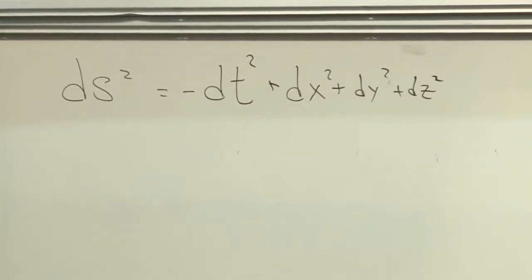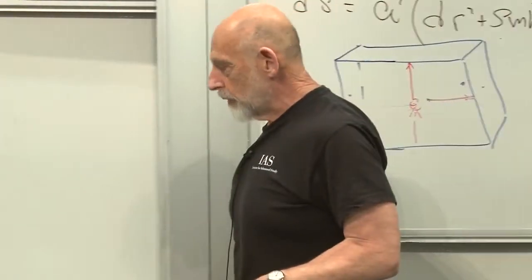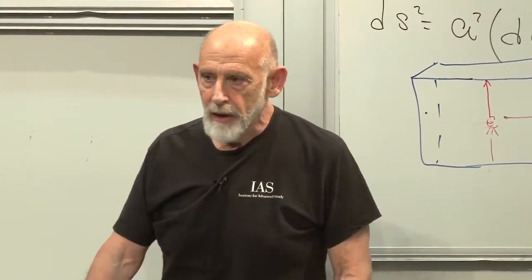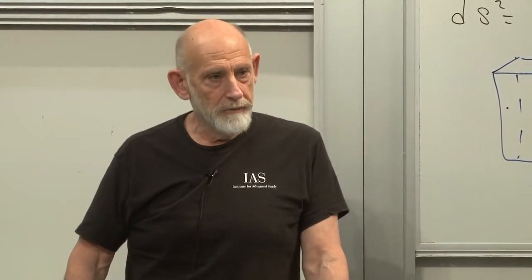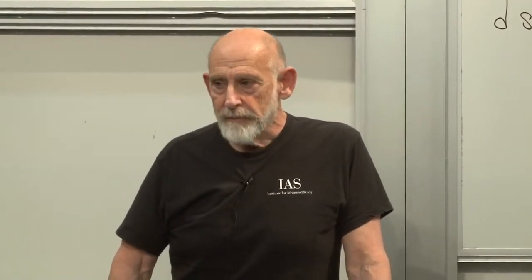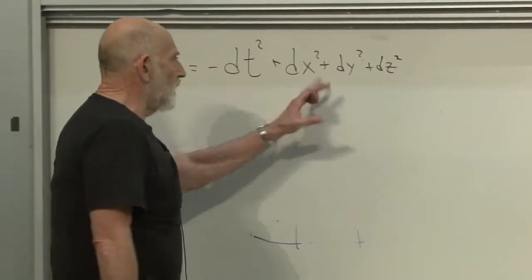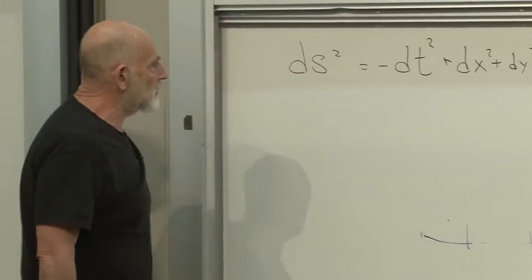If you wanted to ask how a light ray moves, what's the trajectory of a light ray? It's a trajectory in which ds is equal to 0. It's called a null ray. And what does that mean? Let's just have it move along the x-axis. Let's forget y and z.